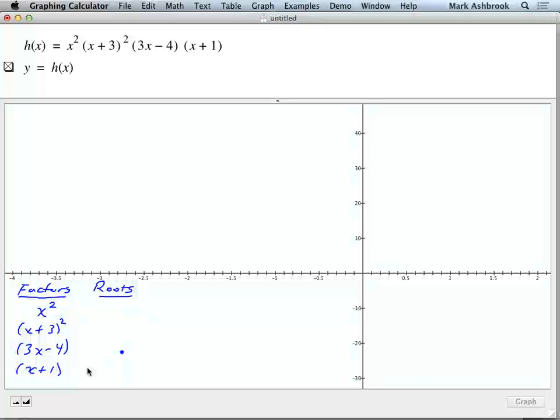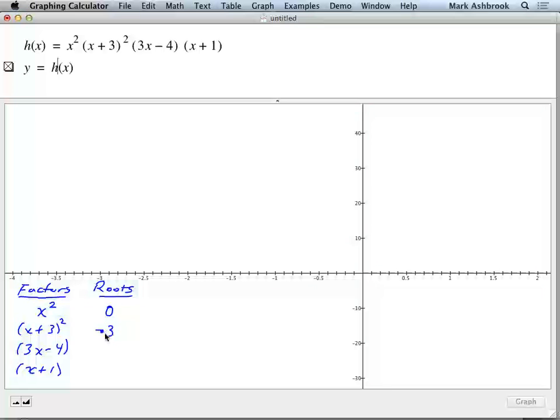What is a root? It's a value of x that makes the function 0. So we're asking for the roots. We're asking what value of x would make that factor 0 and therefore the whole function 0. So what's the root for x squared? Okay. What's the root for x plus 3 squared? Angelina.